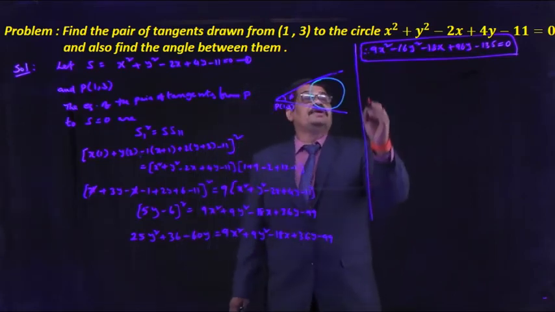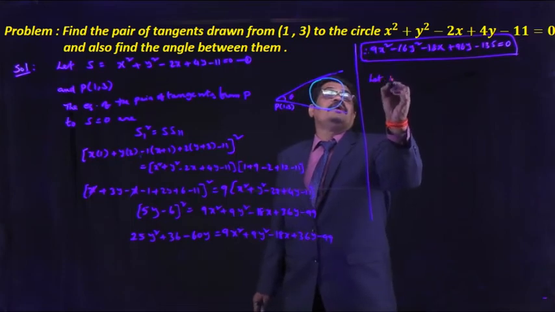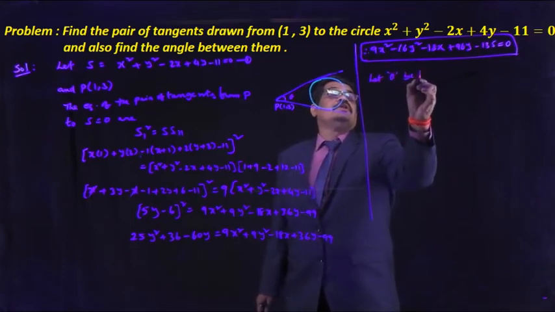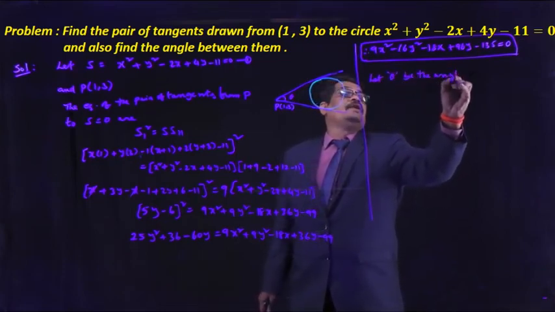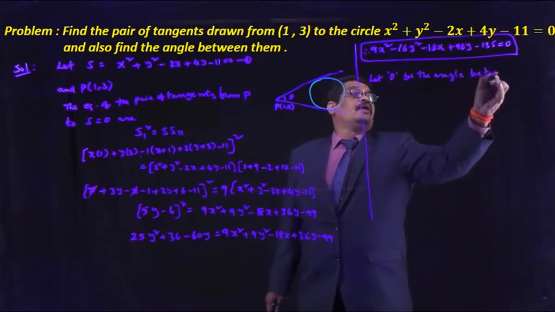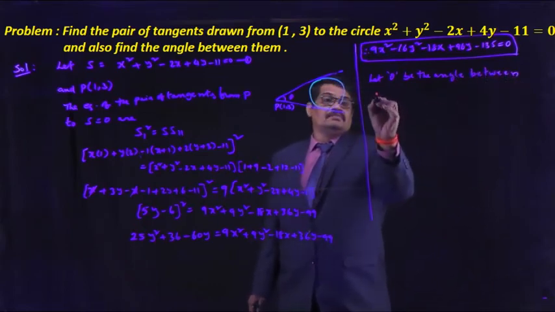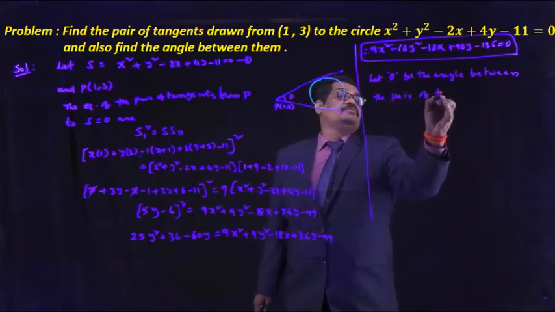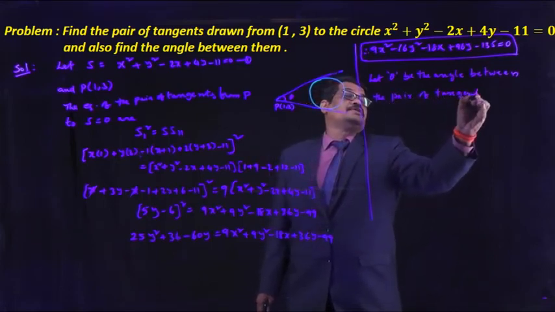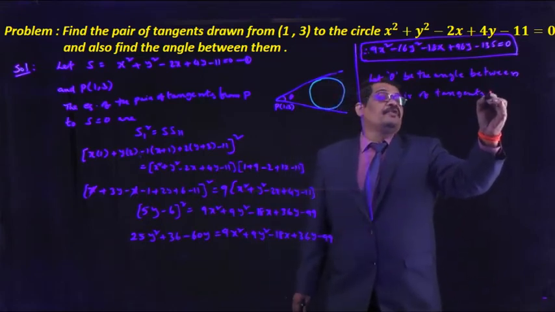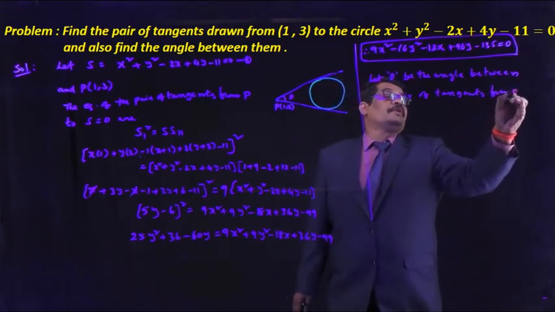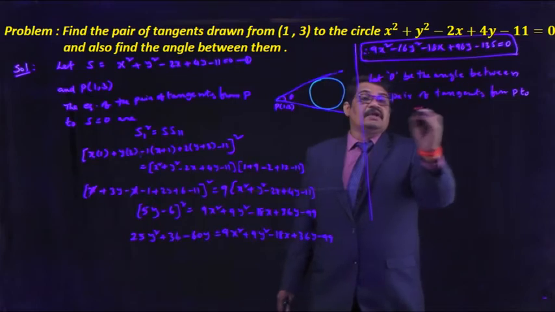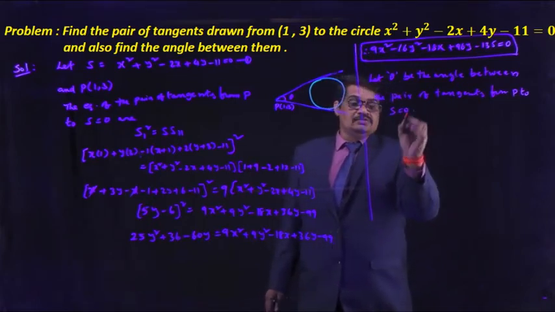Let theta be the angle between the pair of tangents from the point P to the circle S is equal to 0.